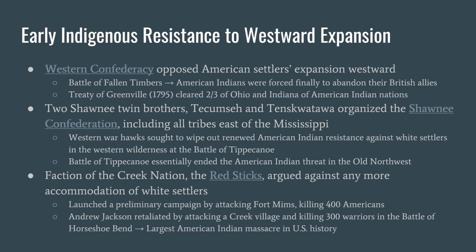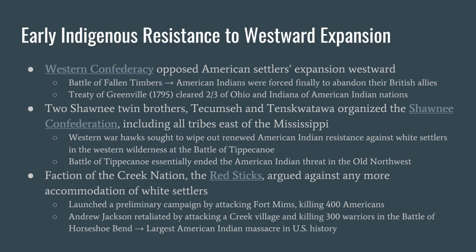The goal of the Battle of Tippecanoe was to wipe out this Shawnee Confederacy, to wipe out this resistance, to pave the way for white settlement in this area. And it was successful. The Battle of Tippecanoe really did end the threat of conflict between Indigenous groups and white settlers in the Northwest Territories.